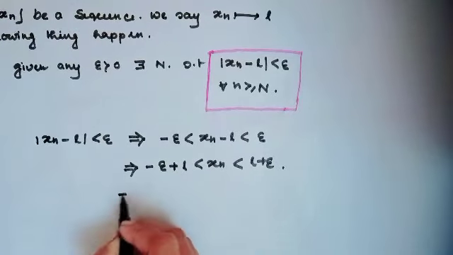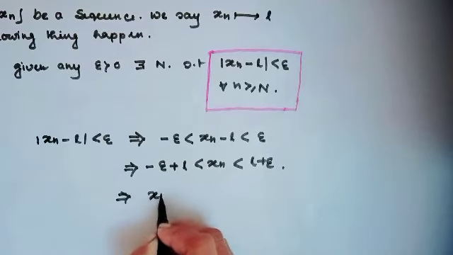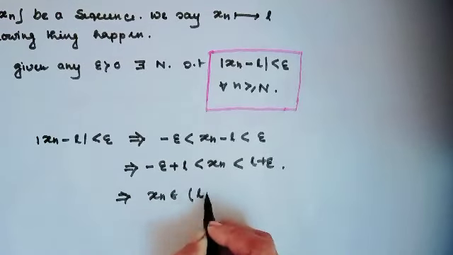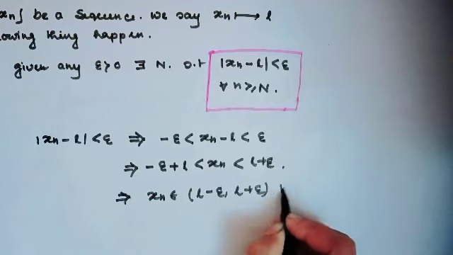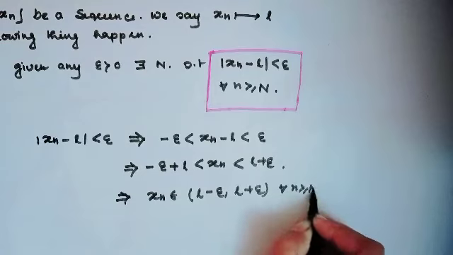That means xn lies in (L minus epsilon, L plus epsilon) for all n greater than or equal to N.